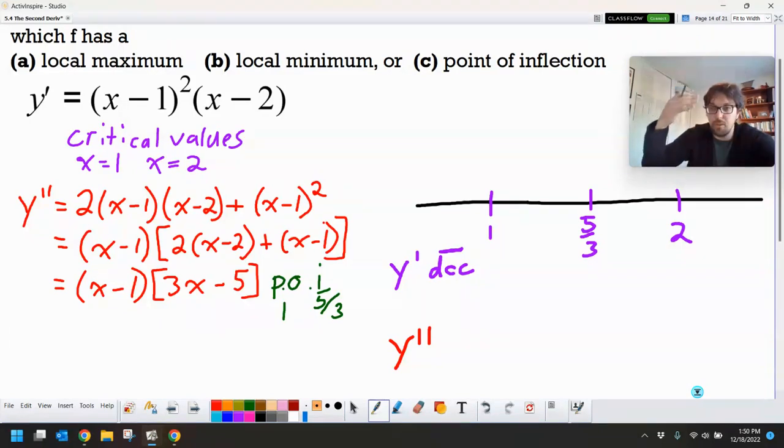So I'll do like 1.5. That'll work for both 1 and 2, because 5/3 is for the second derivative, not the first. So it shouldn't make any difference. So if we do 1.5, this will be positive, but when we square it, it'll be a small number. And then this will be pretty negative. So these are also both negative.